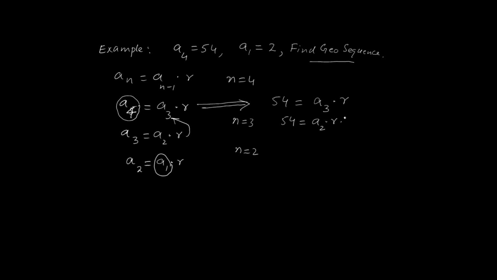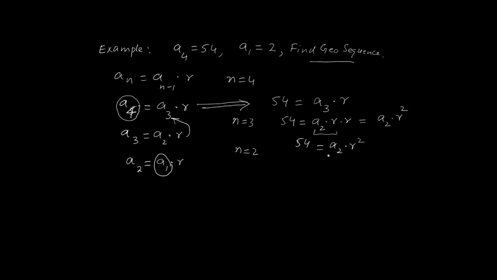And this is the value I have put, a2 multiply r, which is the value of a3 from this equation. So this will proceed as a2 multiply r square. So 54 is equal to a2 multiply r square.